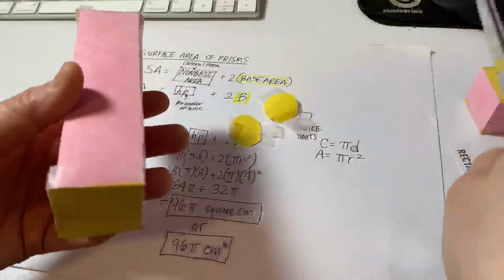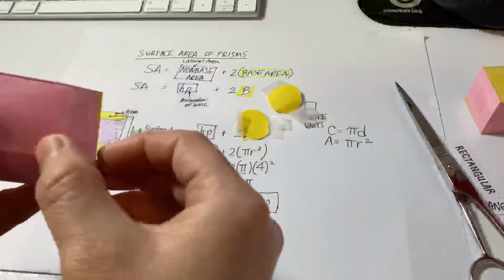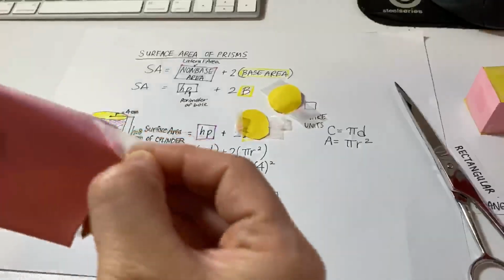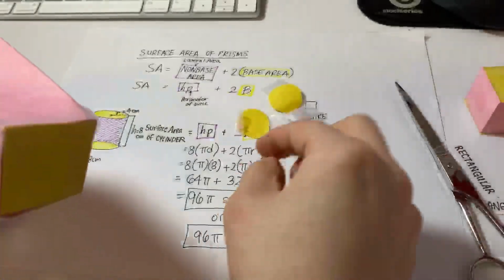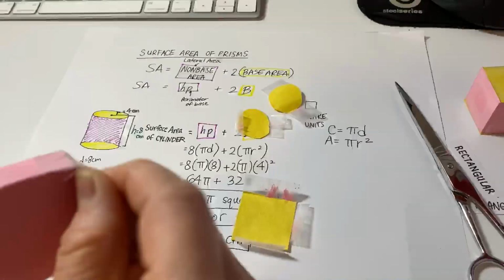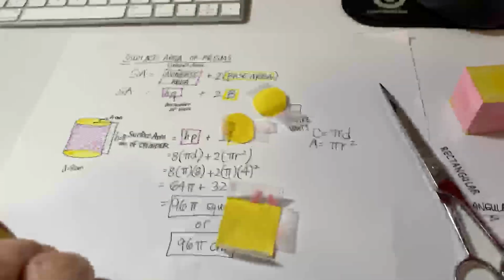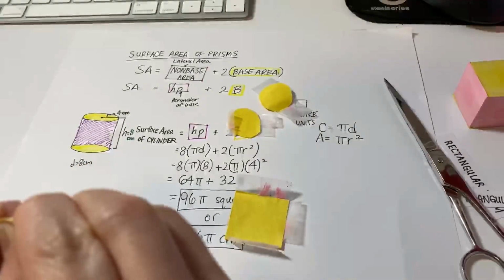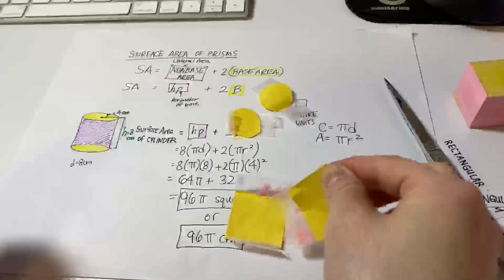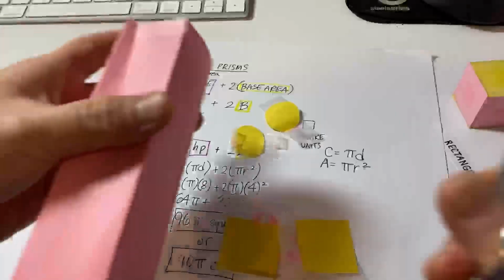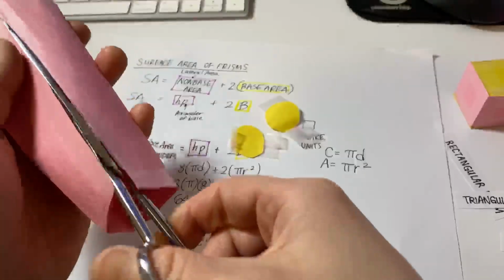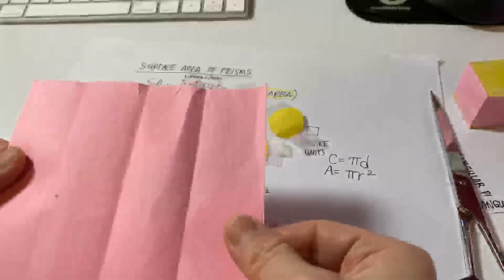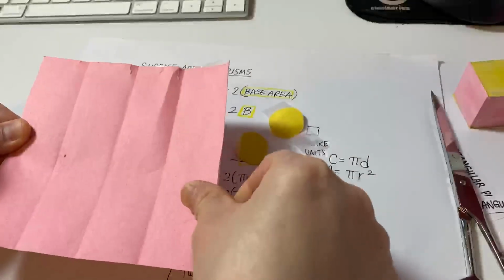Likewise, in a rectangular prism, if I were to take off the two congruent rectangles as bases, so that would be the two B's, and then I cut this non-base area open, I would be finding the area of this pink rectangle.